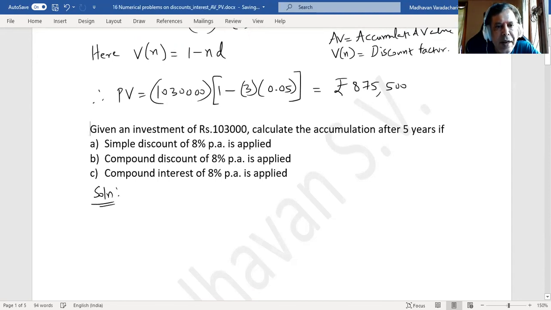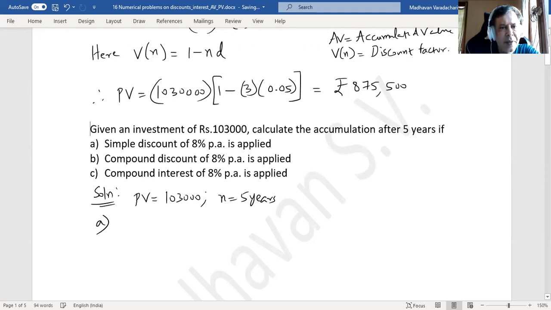Given an investment of rupees 1,03,000, that means present value is given as 103,000. Calculate the accumulation after 5 years, so N is given as 5 years.